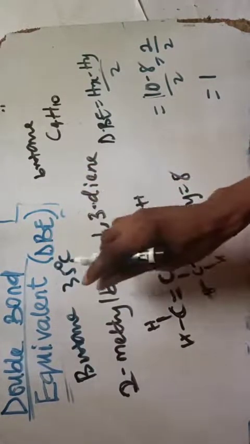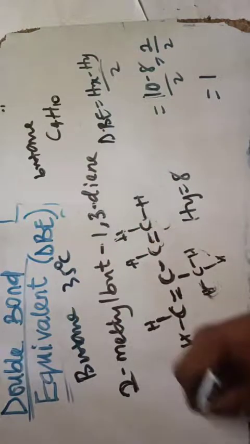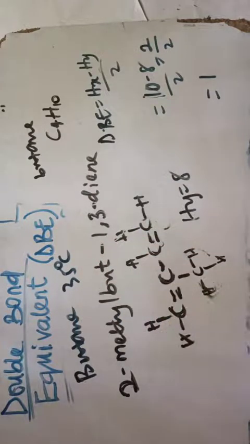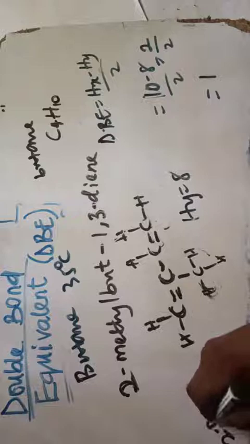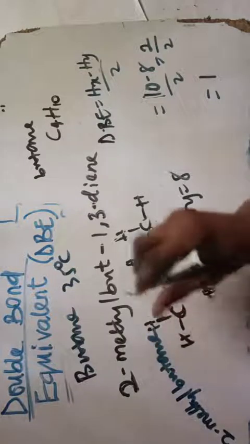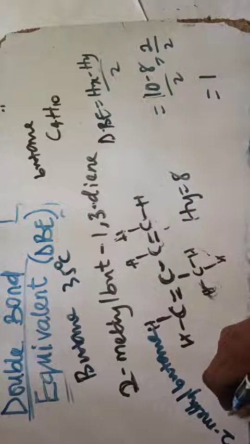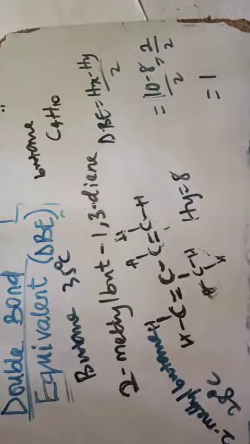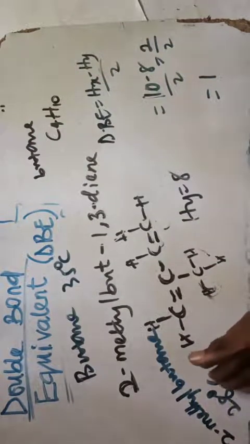But if I add methyl to this butane and I have it as 2-methylbutane, it reduces the boiling point to 28 degrees Celsius. So it reduces it. This will boil faster because of this branch here.